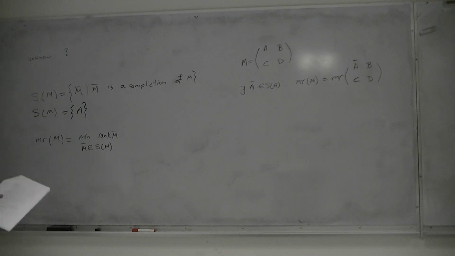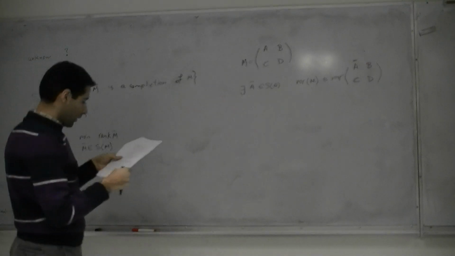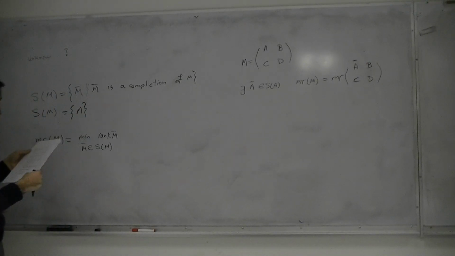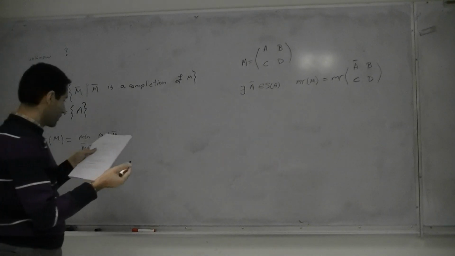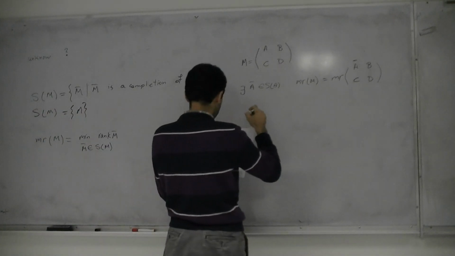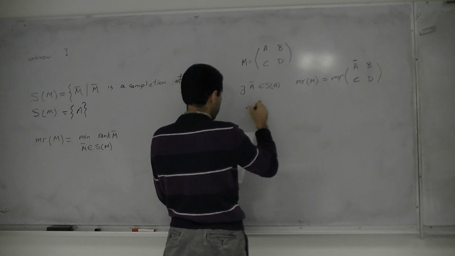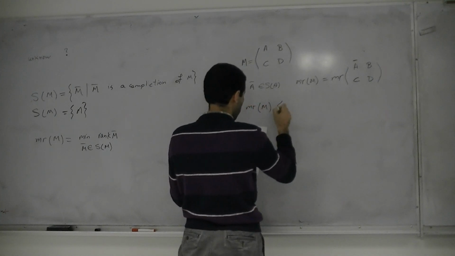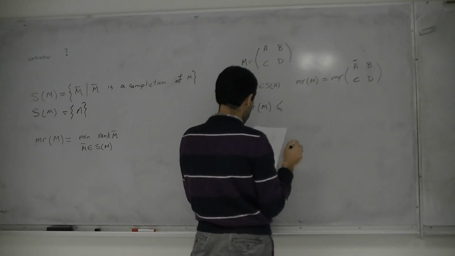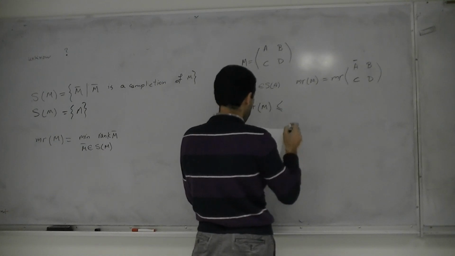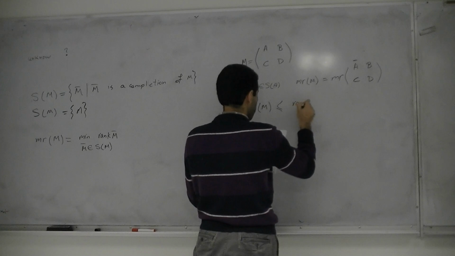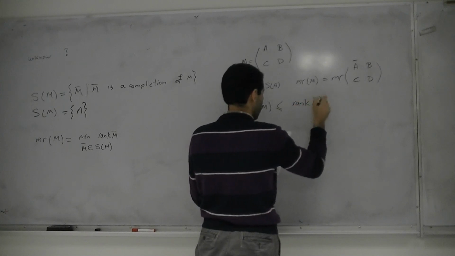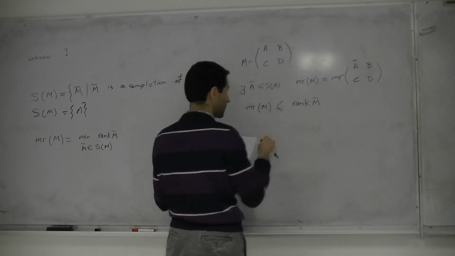And there are some properties here. For example, the minimum rank of a matrix M is always smaller than or equal to the rank of any one of the ways to complete this matrix.